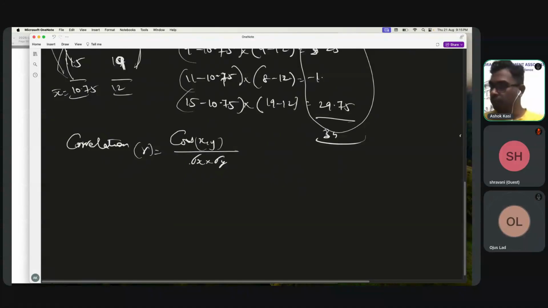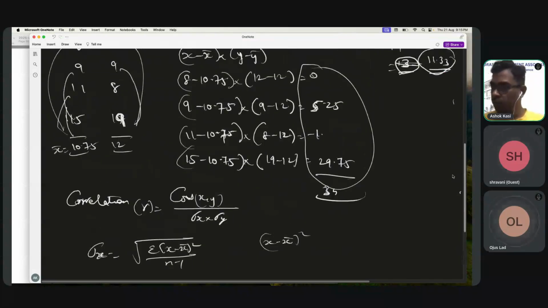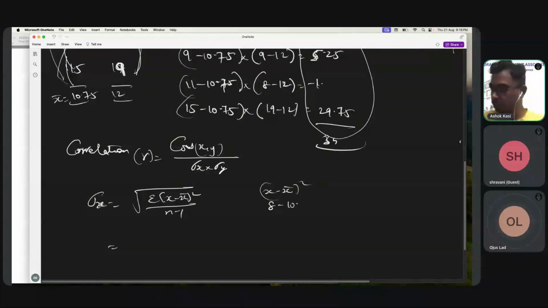Now I have covariance. So standard deviation of x is the root of summation of x minus x bar the whole square divided by n minus 1. So now what I need is x minus x bar the whole square. So x is 8 minus 10.75, the whole square.